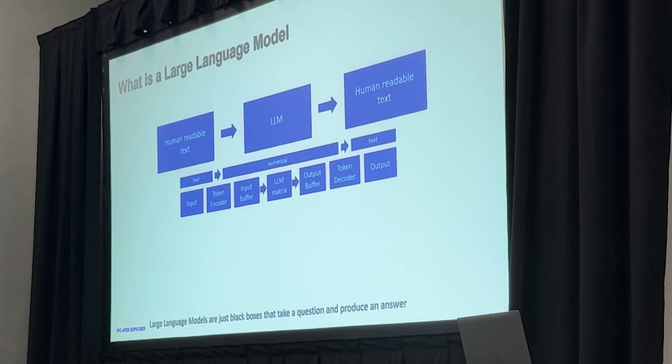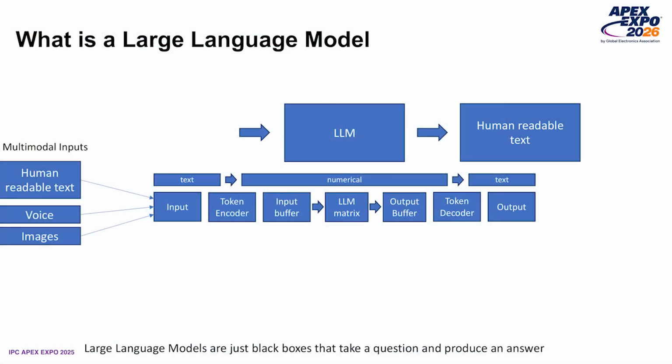And this is how the LLMs work. They take human readable text and then they generate an answer. Internally they're all numerical, but you've got these little encoders that let you take text in, in a language like English or another language, turn it into this input and then get back an output. So they're an oracle box that answers questions, is how they're designed.